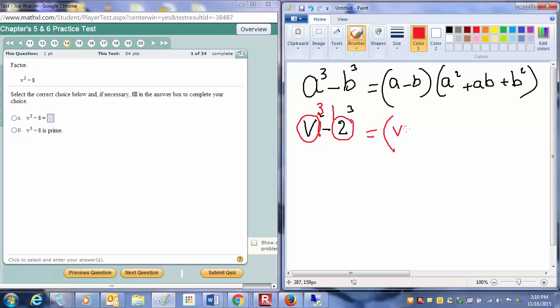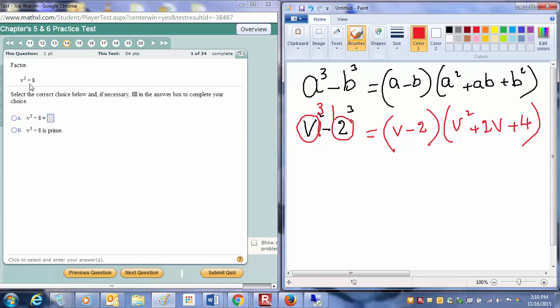So here in the pattern, you're going to replace a by v, so that would be v, and replace b by 2. Same thing here. a squared would be v squared plus 2v plus 2 squared would be 4. So first of all, write the formula a cubed minus b cubed equals a minus b times a squared plus ab plus b squared.